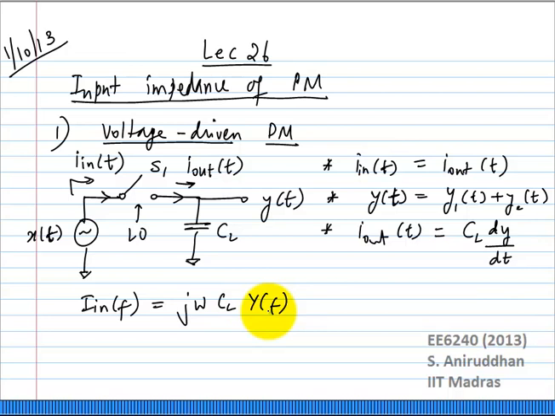Normally, x of t is going to be a narrowband signal at some RF frequency, and therefore we are interested in the input impedance at this RF frequency, and therefore in the input current at this RF frequency.